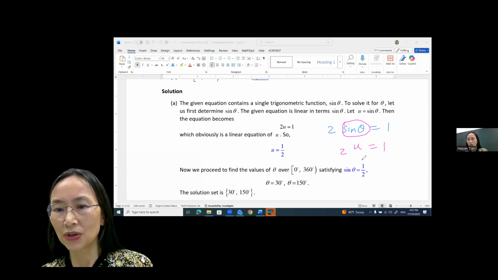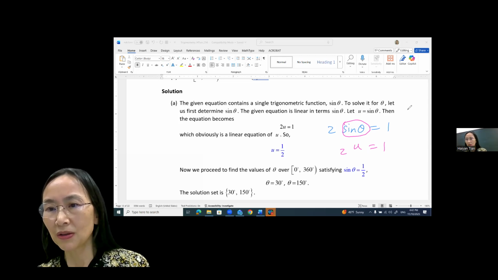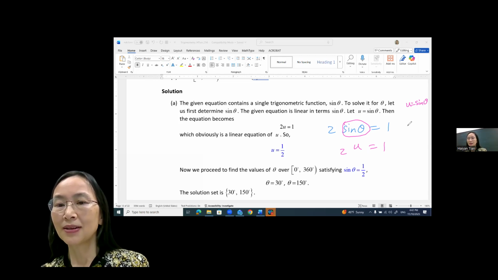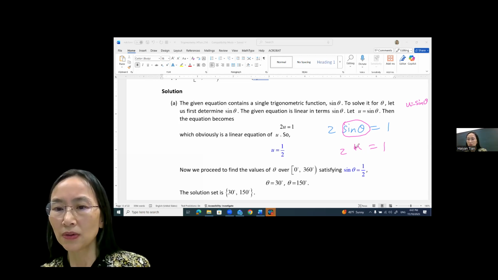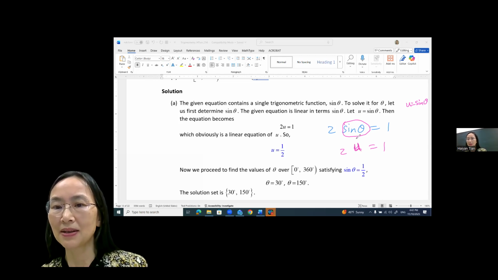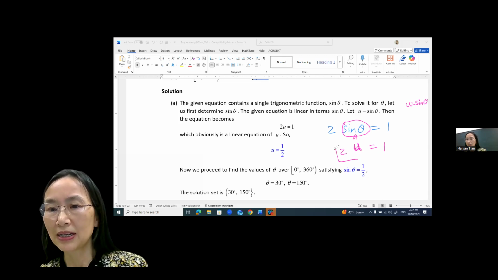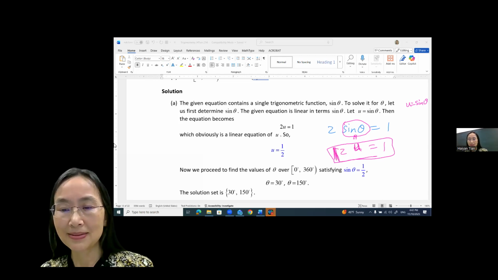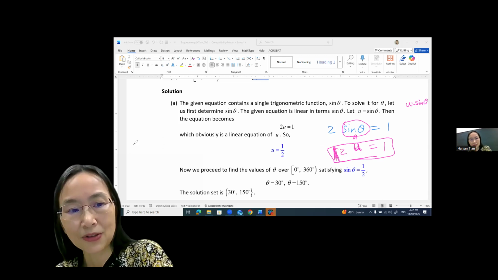So u is just a name which we replace for the sine theta. That's the unknown. We're trying to decide the u first. U is basically the same as sine. If you want to use sine, that's fine, but I just want to show that essentially it is the u, the same as sine we're trying to decide first.